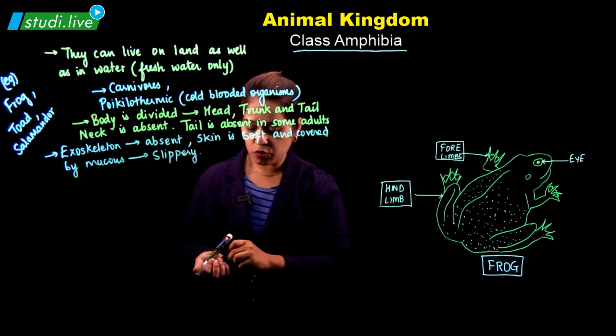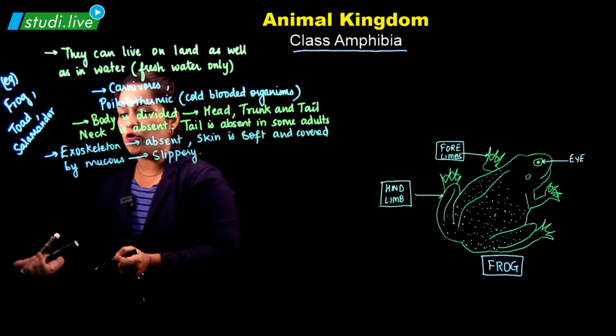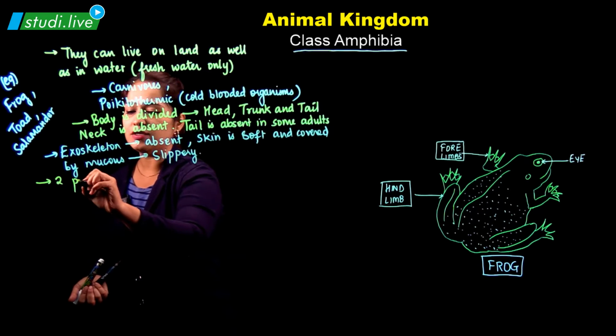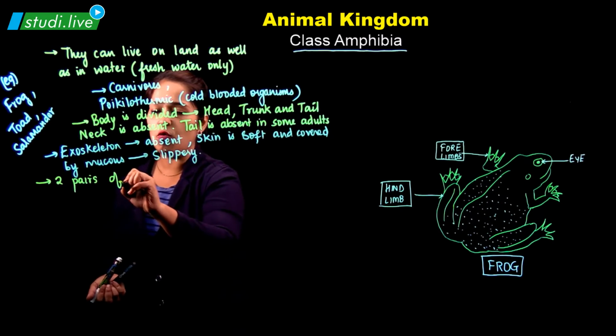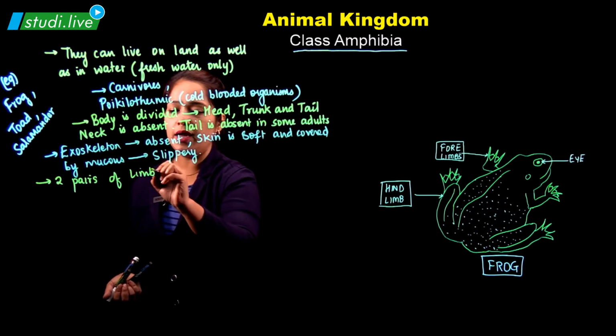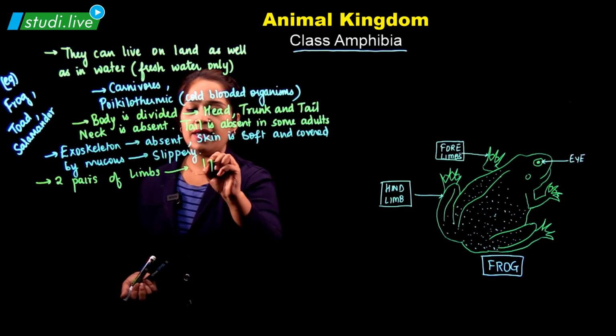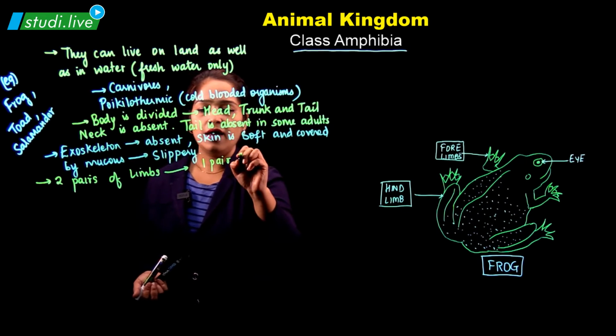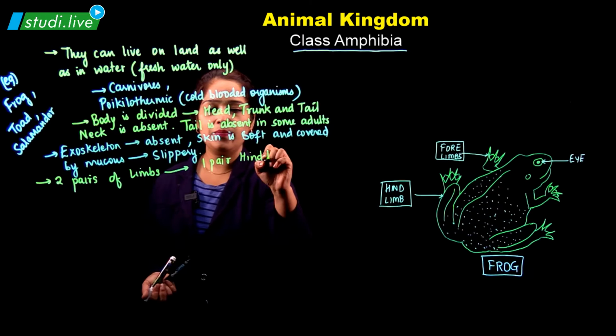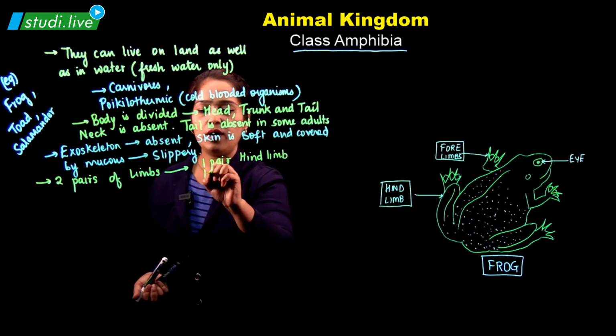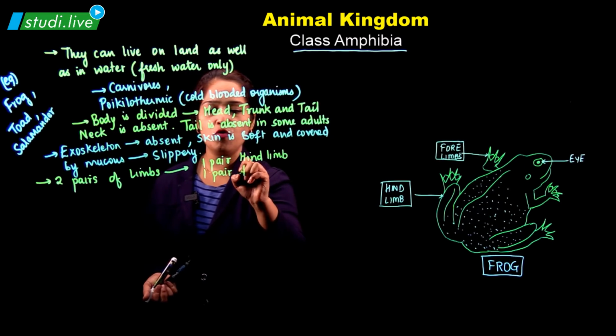They have two pairs of limbs for locomotion. One pair is hind limbs and one pair is forelimbs, for locomotion.